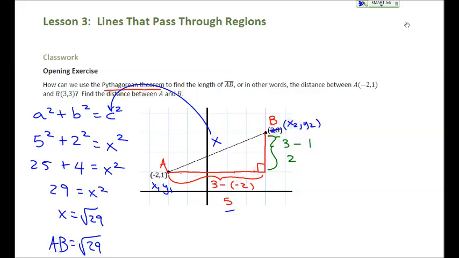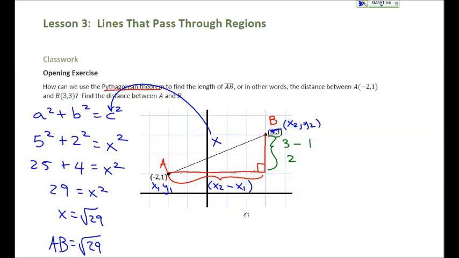Instead of 3 and -2, I'm going to plug in x2 minus x1, which is the difference between the x coordinates. And for y, I did 3 minus 1, but using my new coordinates, it is y2 minus y1. And instead of calling the difference x, I'm going to call the distance d.